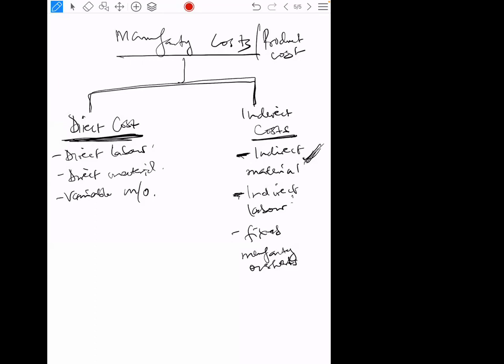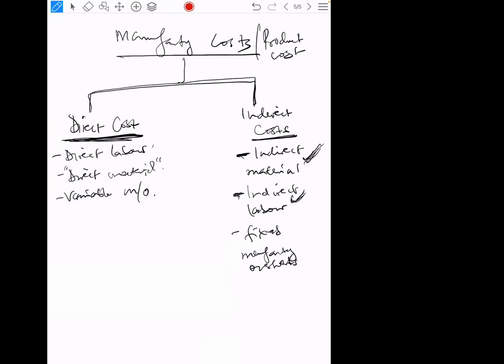Indirect labor is incurred in the factory, but paid to people who are not directly involved in the manufacturing process, right? For instance, the wages of a supervisor. A supervisor is not directly involved in the manufacturing process. He's not going to do the cutting and bending of anything.